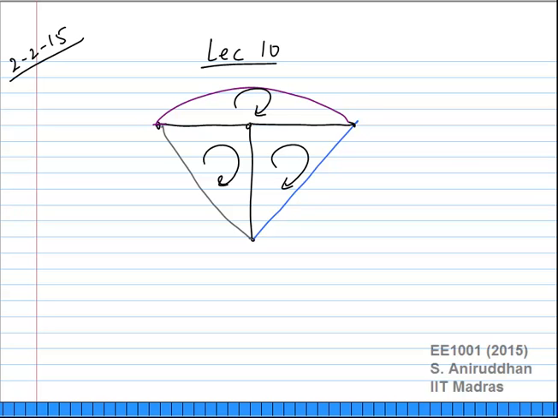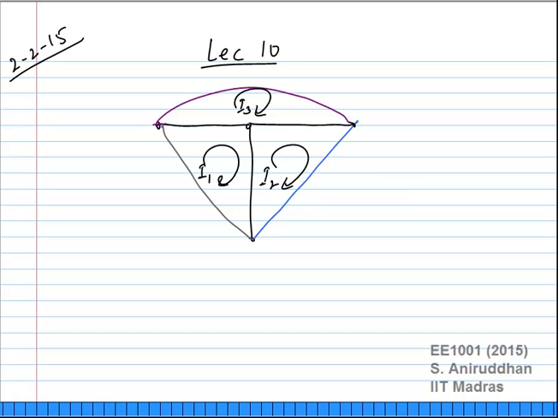We'll take each of these loops and define loop currents I1, I2 and I3 through these. For each of these loops I can define a current I1, I2 and I3 and write down the KVL equations corresponding to that.